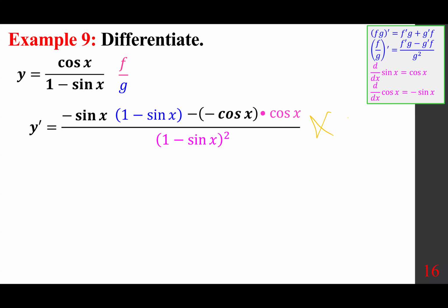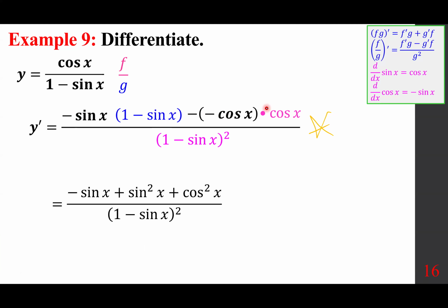Here's the asterisk indicating we are done with calculus. Minus sine x plus sine squared plus cosine squared. Don't touch the denominator. These two add up to 1.